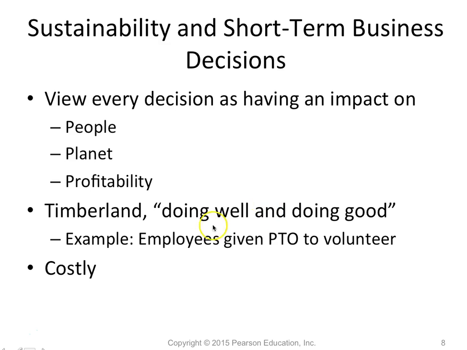Doing well is doing the business well. Doing good is to do good things for the community, for the public, for the environment. So there are 2 things in here. Actually, both can be considered sustainability. This is sustainability of business. This is sustainability of the environment.